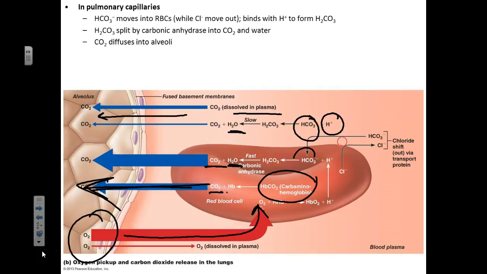So you have the same process in the red blood cell, and that produces CO2 here. Does that make sense? This is, and I don't want to scare you or anything, but this is probably the most complicated thing that you can encounter in the respiratory system, okay?